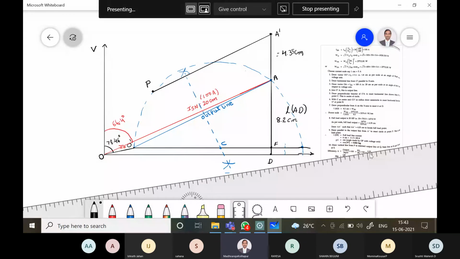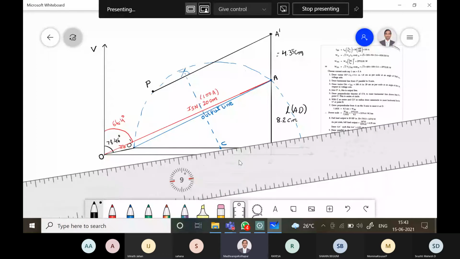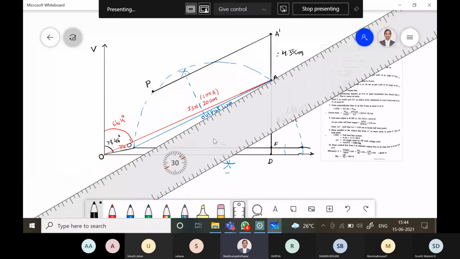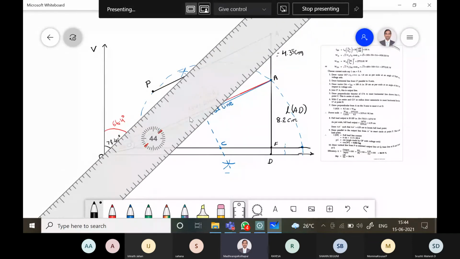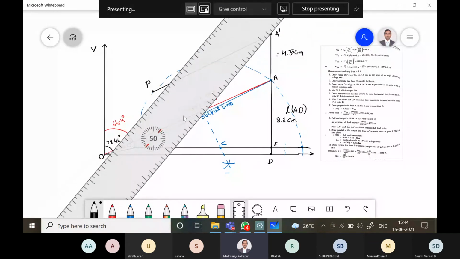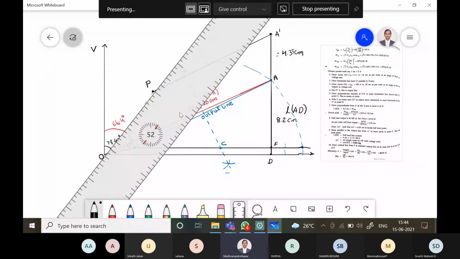Now join O and P, and measure the length of OP.